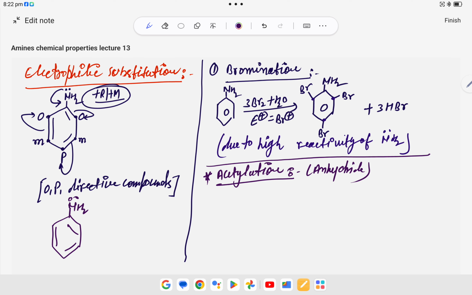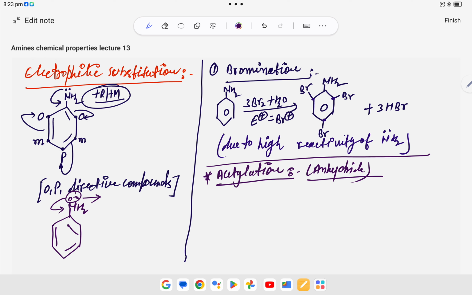All the ortho and para positions are occupied. These electrons flow towards the ring. But if somehow we are able to keep these lone pair electrons busy somewhere else except resonance, then a monosubstituted compound will be formed. So in the case of acetylation, we are trying to do this work. We are going to keep the electrons busy.